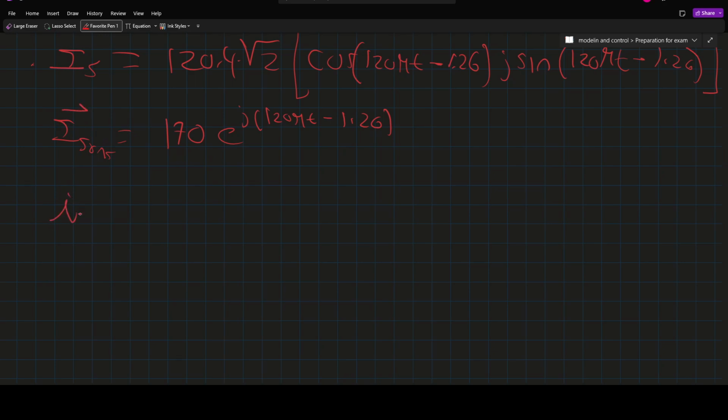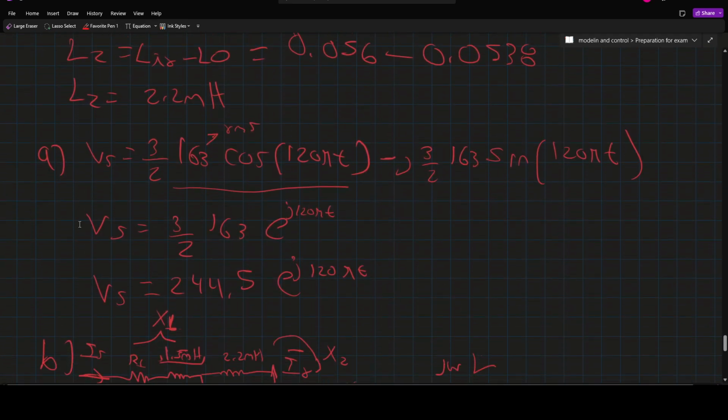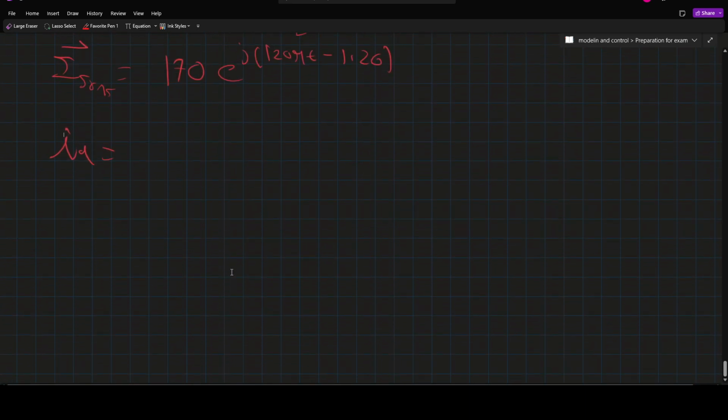Now if we want our normal currents, we know that when we go from our three phases we multiply by 3 halves, so here we're going to multiply by 2/3. So we're going to have 170 cos of omega t minus our angle.